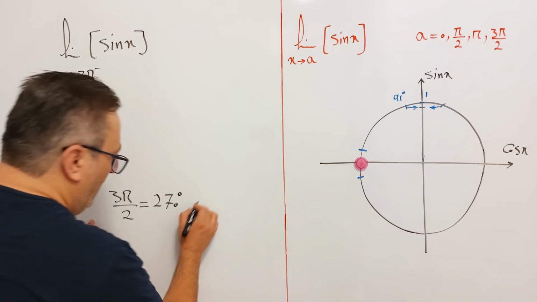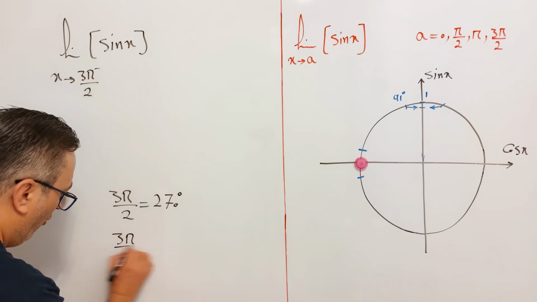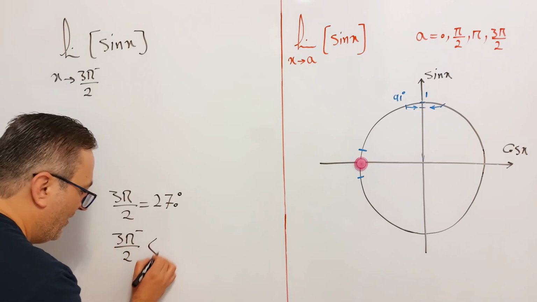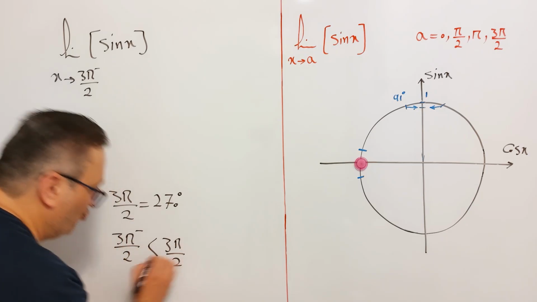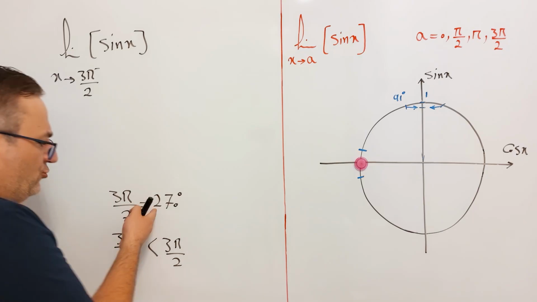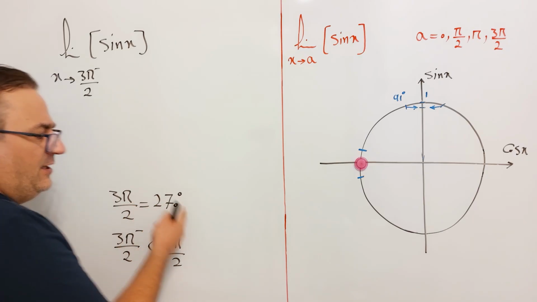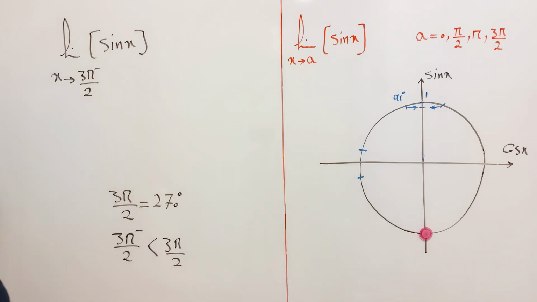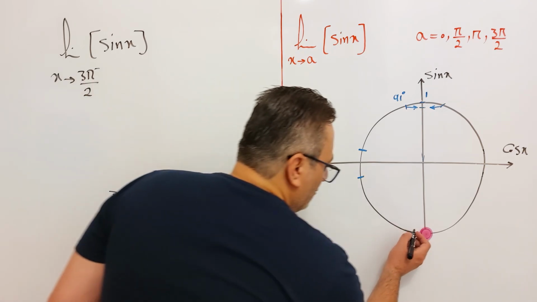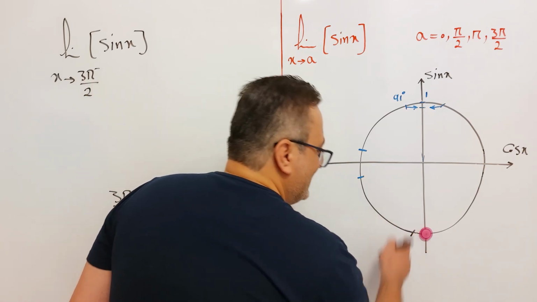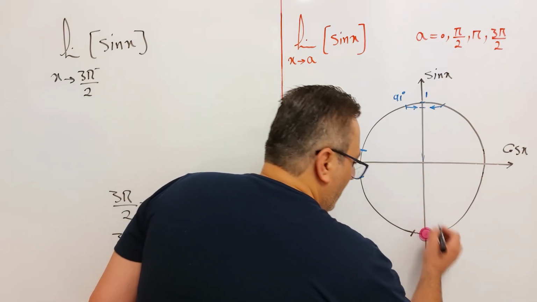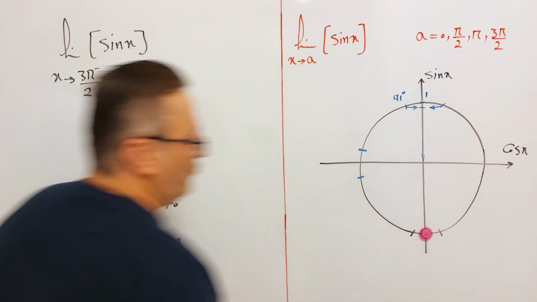So 3 pi over 2 from the left is less than 3 pi over 2, for example, 269. So 270 degrees is here, or 3 pi over 2. So 3 pi over 2 from the left is in the third quadrant, and 3 pi over 2 from the right is in the fourth quadrant.